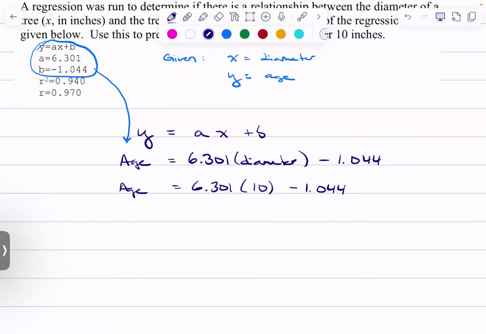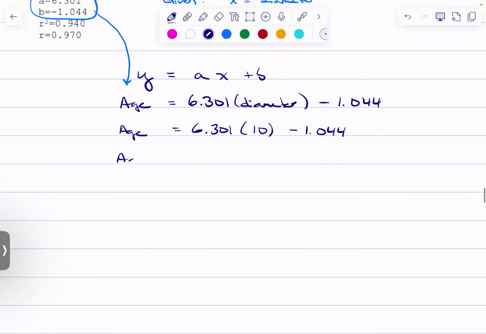Anyhoodle, the predicted age when the diameter is 10 must be 6.301 times 10 minus 1.044. So the age is 61.966 years old. I'll do a follow-up: is this a reliable prediction? Without the graph, we don't know if this is an interpolation or an extrapolation.